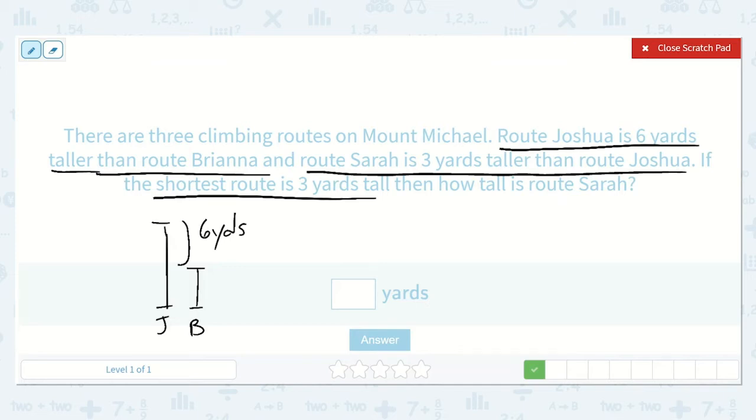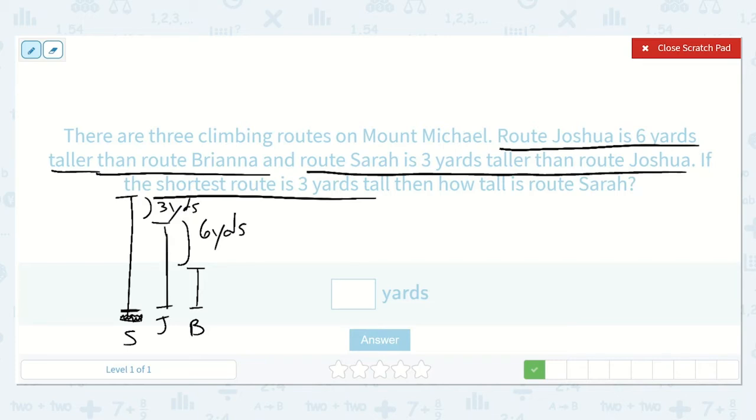Then we know that Route Sarah is 3 yards taller than Route Joshua, so it needs to be 3 yards taller than Route Joshua. So let's do that. Those can be about even. And this was Route Sarah, and this was those 3 yards taller.